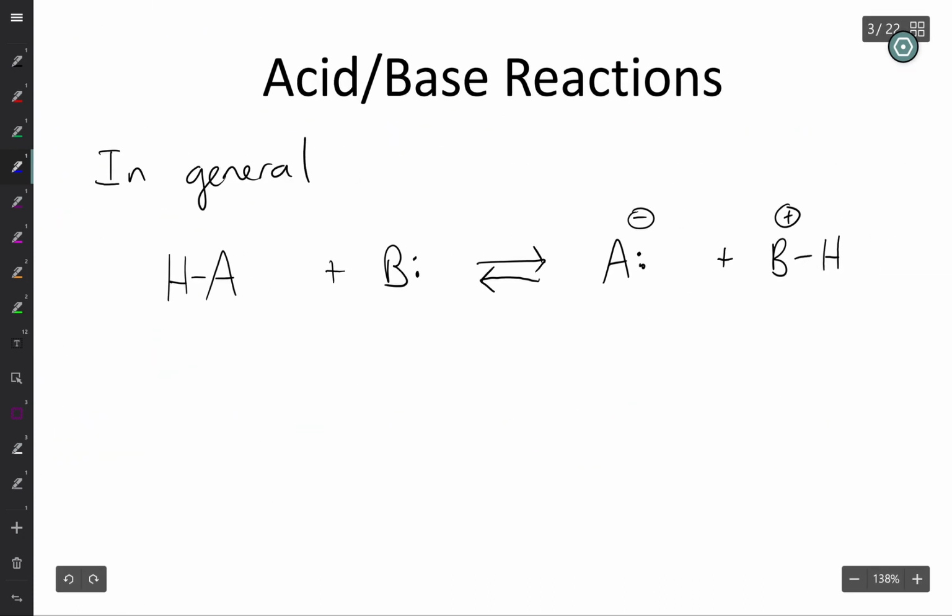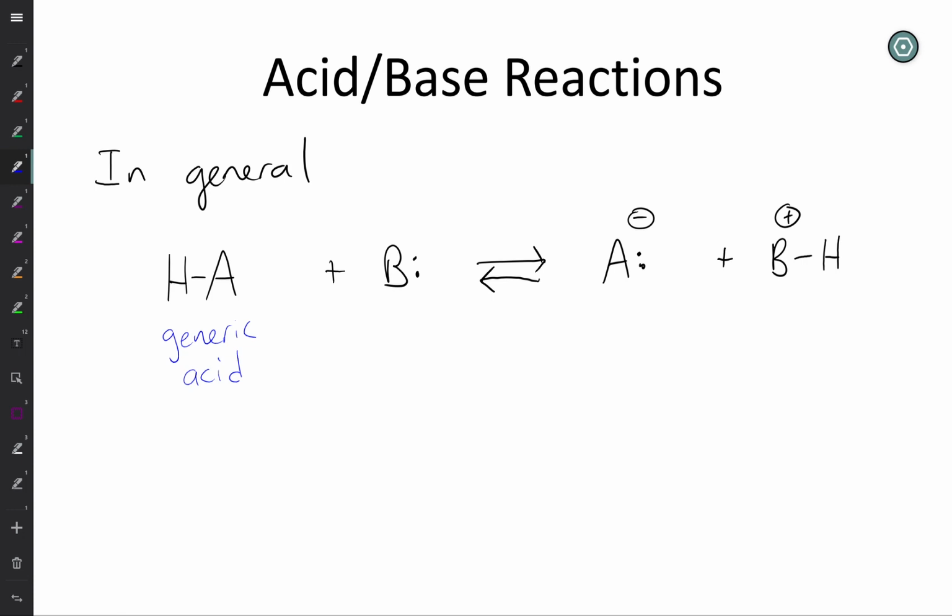Just in general, this won't always be HCl and water. So in general, we often draw this as HA and B. HA is standing in for our generic acid. So if you ever see HA and you're confused because you're like, hey, A isn't on the periodic table anywhere, the A there is standing in for whatever the rest of the molecule is.